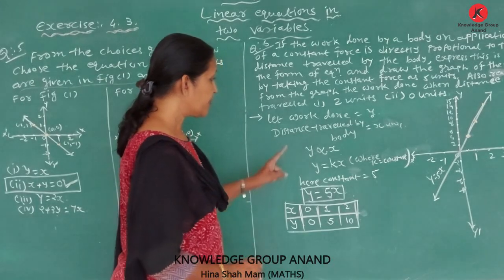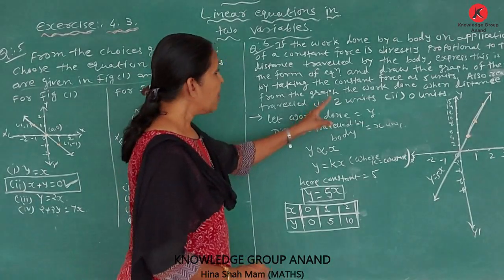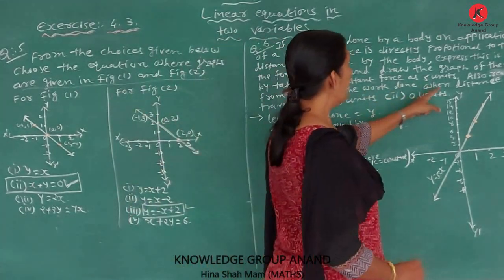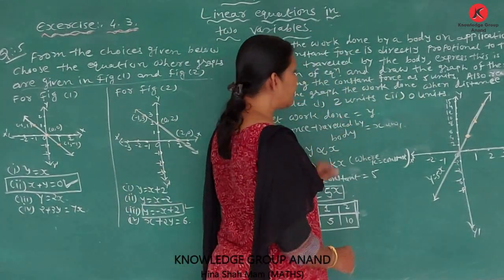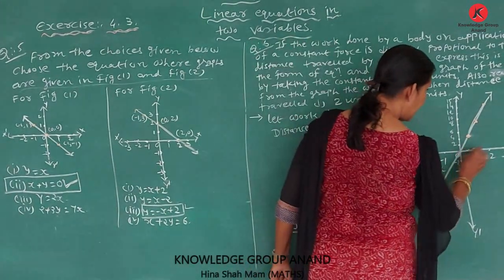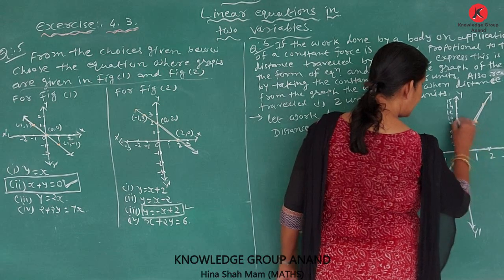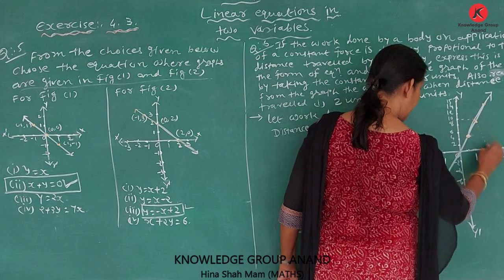Here, the question: find from the graph the work done when the distance travelled is 2 units. If the distance travelled is 2 units, then the work done is equal to 10 units.